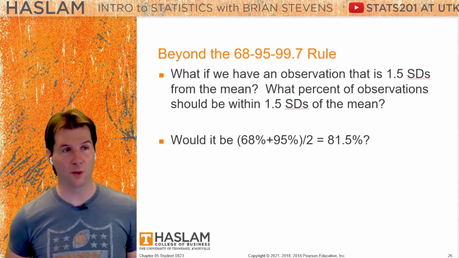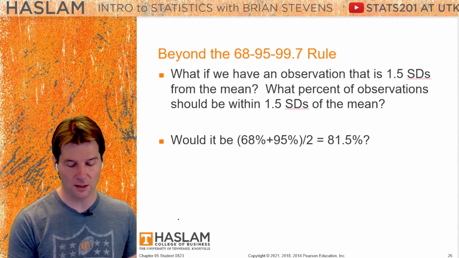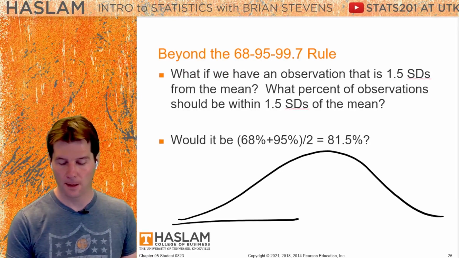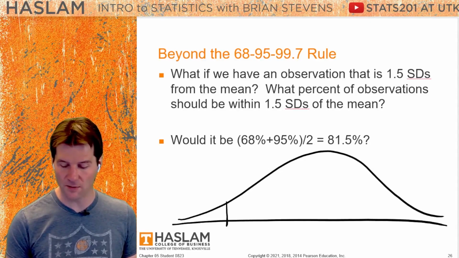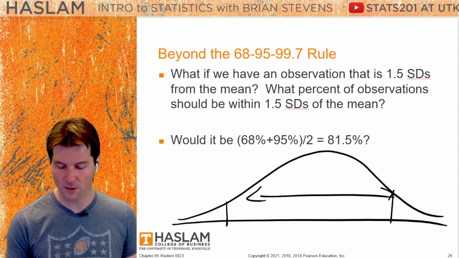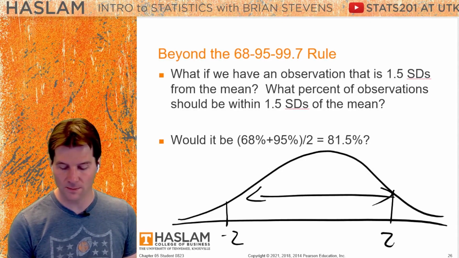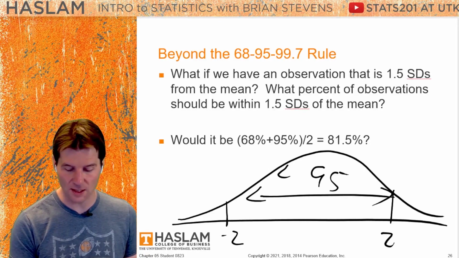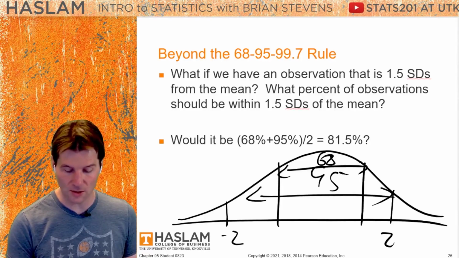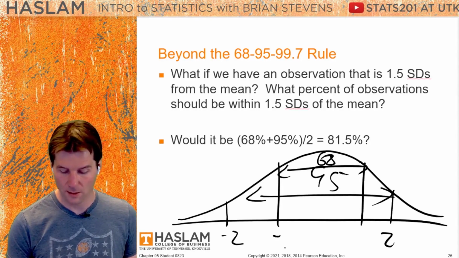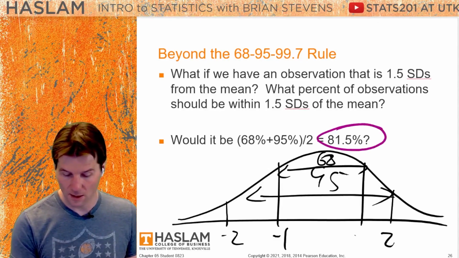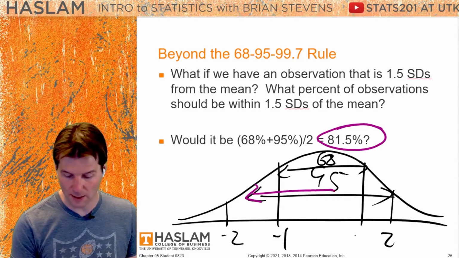But be careful with the empirical rule. Don't just divide things. If you say 95 is between -2 and 2, and 68 is between -1 and 1, you can't just go between and say 81.5 is between this line and this line.